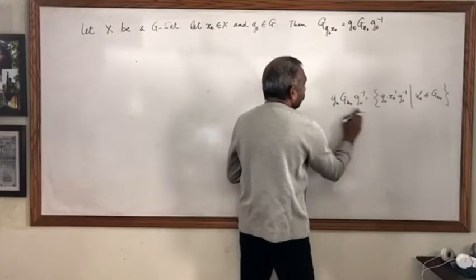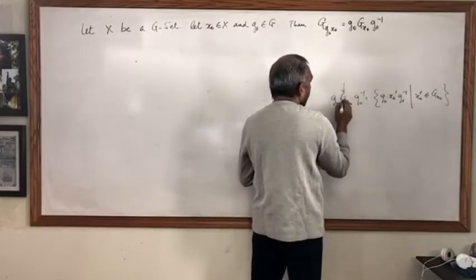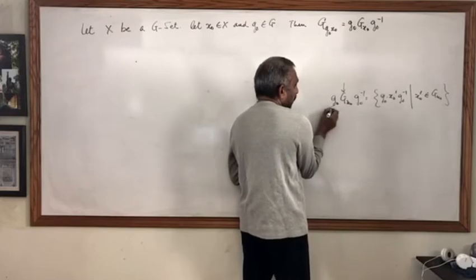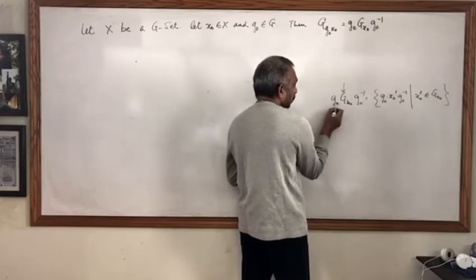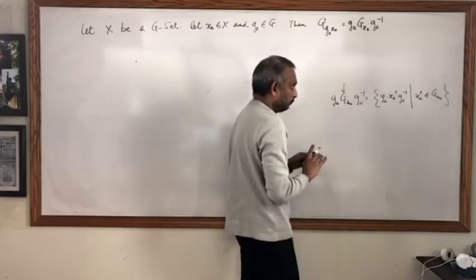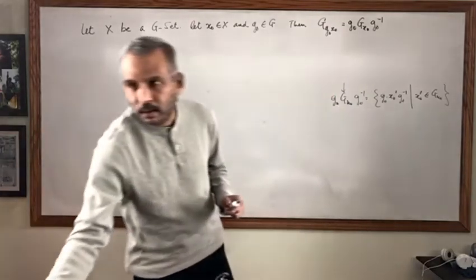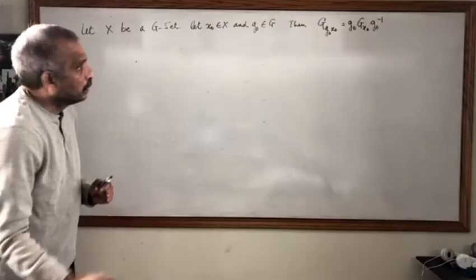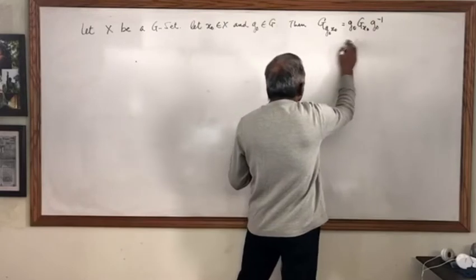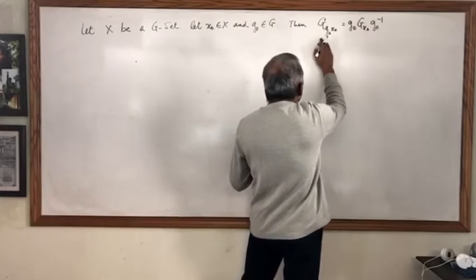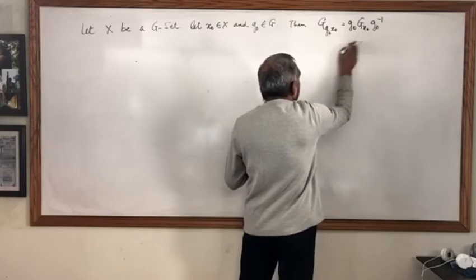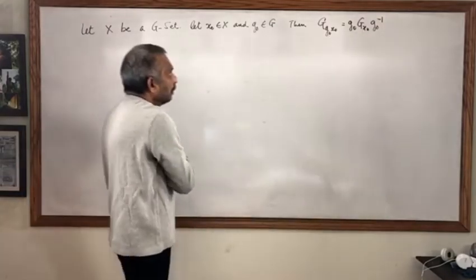And this is a group, and every element of the group is multiplied, taking the binary product with g0 and g0 inverse on both sides. So these are two subgroups. We'll try to prove this is a subgroup of this, and this is a subgroup of the other one.